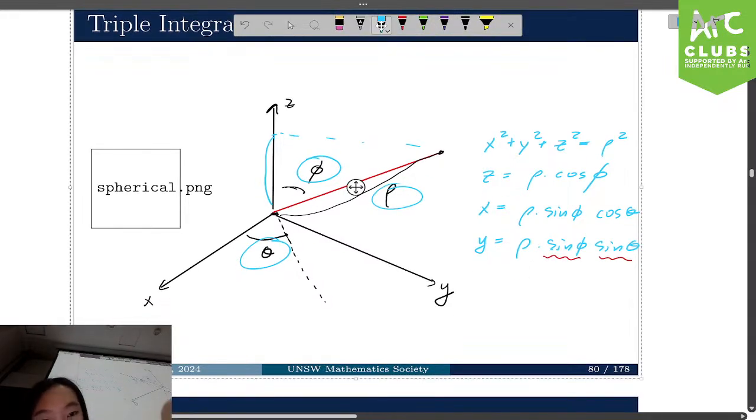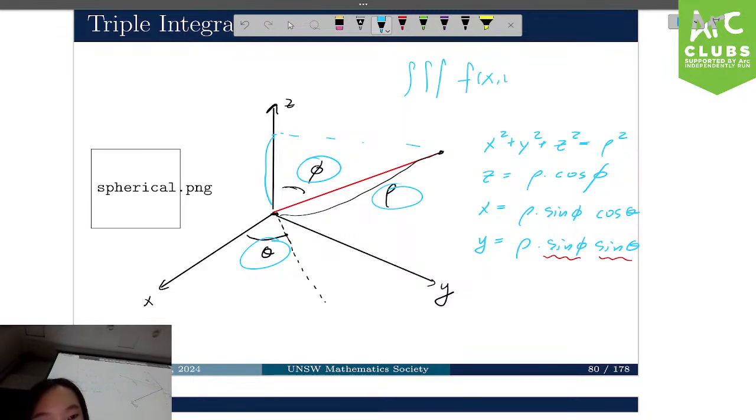For the integral, we used to have the Cartesian form f(x, y, z) dx dy dz, and that's equal to the triple integral where we represent f in terms of rho, phi, and theta.